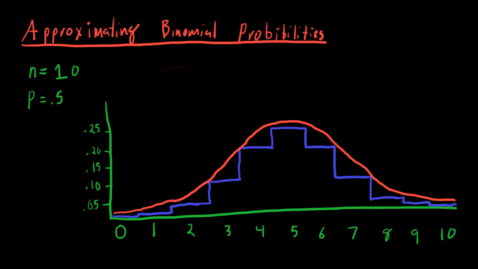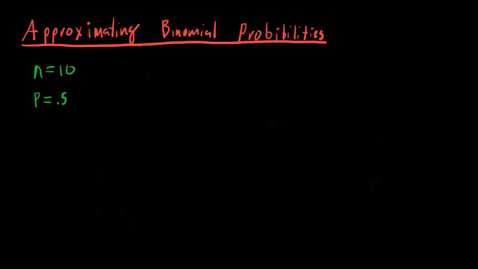So if we have a random variable, we'll go with our x is distributed normally. It takes a mean of mu and a standard deviation of sigma to determine what that normal distribution is. So if we're trying to approximate our n equals 10 and p equals 0.5 distribution with this normal distribution, how are we going to do that? Well, we need a value for mu, and we need a value for sigma. When we went through the binomial distribution, we actually came up with values for these.